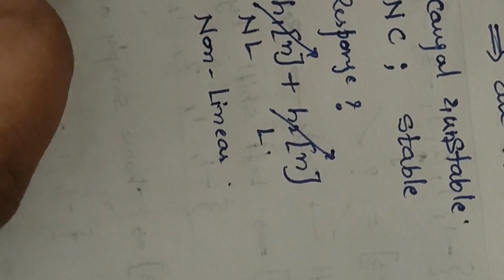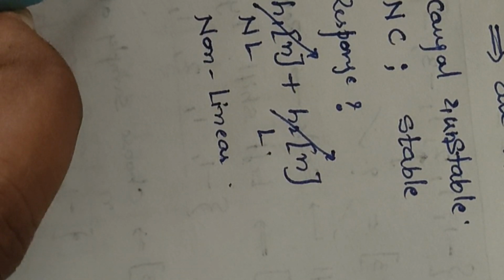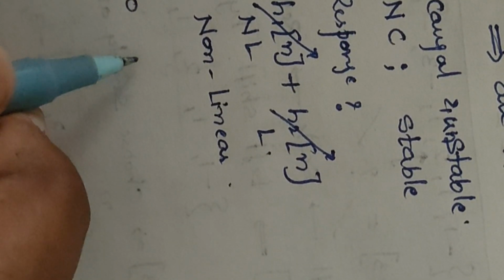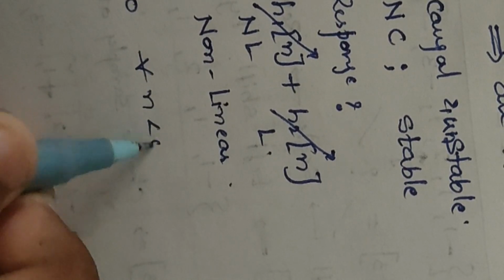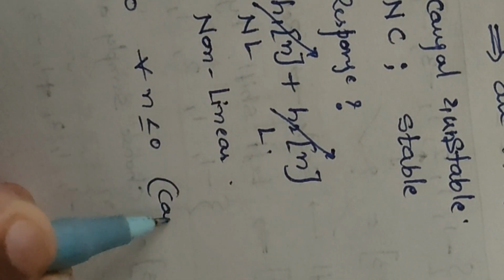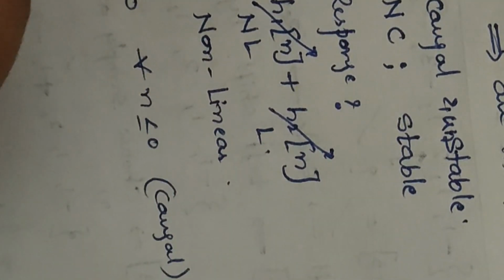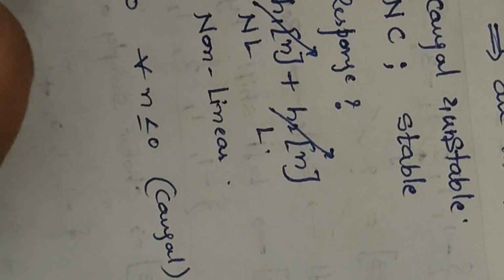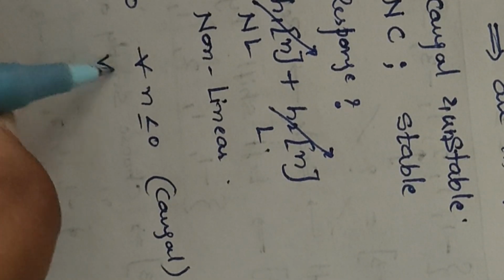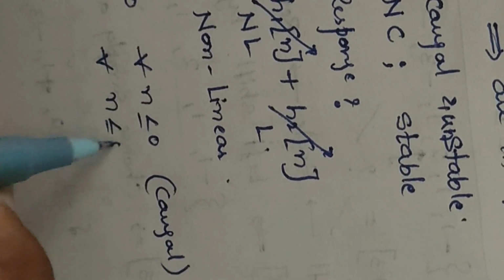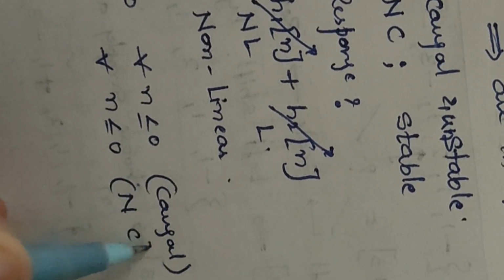Now talking about the causality, H1 of n is causal, is 0 for all n less than 0, given as causal, and H2 of n is not equal to 0 for all n less than or equal to 0. This is non-causal.